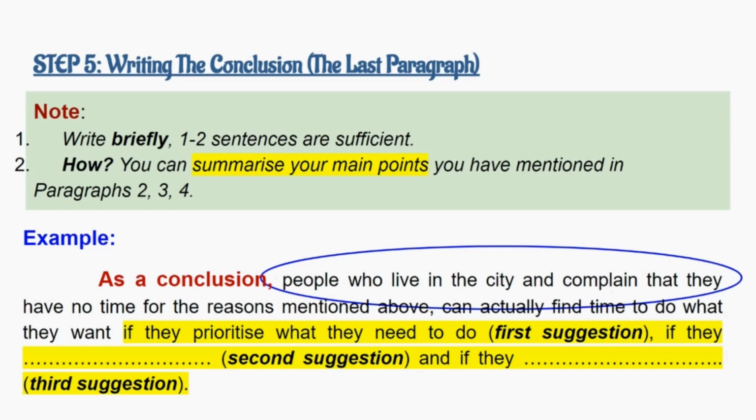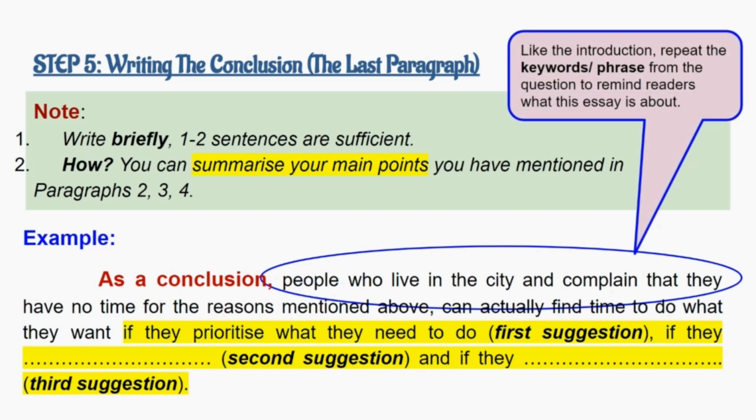They are the same words that appear in the question and in the introduction. This is to remind readers what this essay is about. And this part is a summary of the main points or the things that you have mentioned in the previous paragraphs.